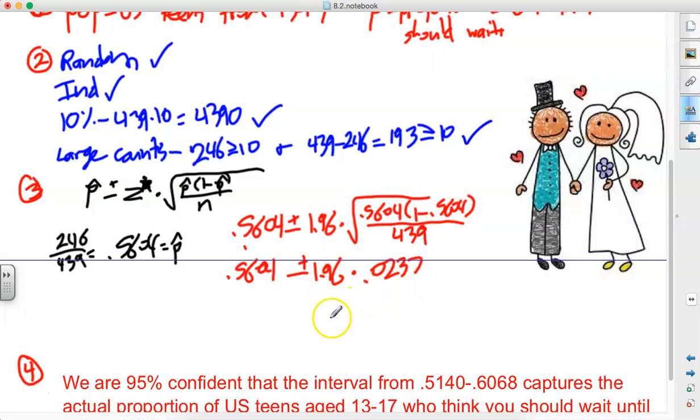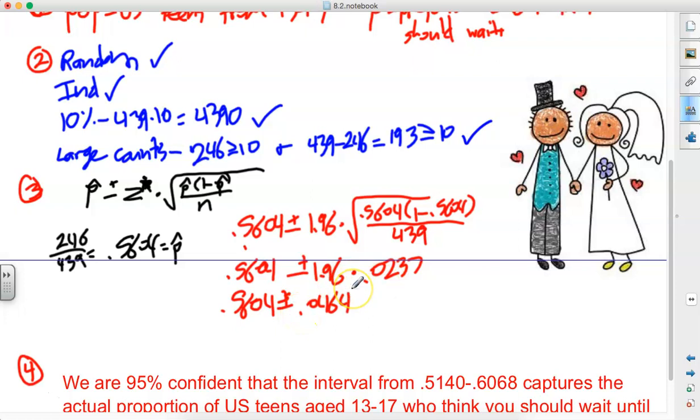Once we multiply that, we get 0.5604 plus or minus the number I got before without any rounding, 0.0464.